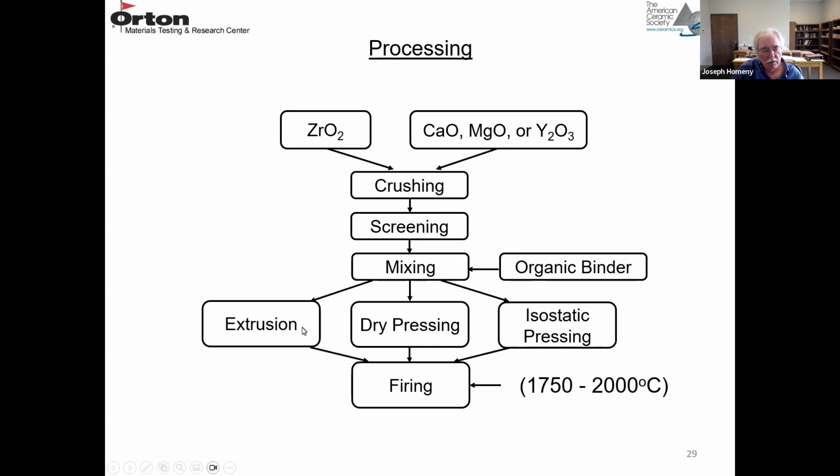So these are made into maybe slide gate plates, nozzles, tubes, or even refractory brick shapes. So they can be extruded. They can be isostatic pressed to achieve a high density, or they can be dry pressed. And then they're fired at pretty high temperatures, 1750 to 2000 degrees C.